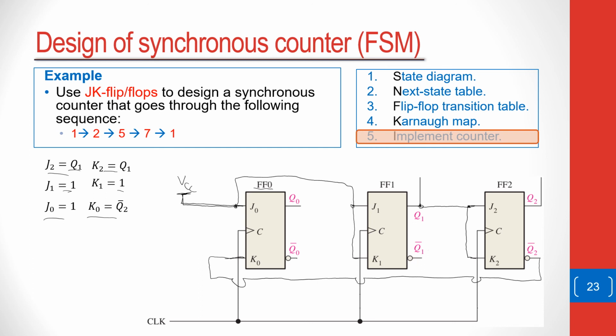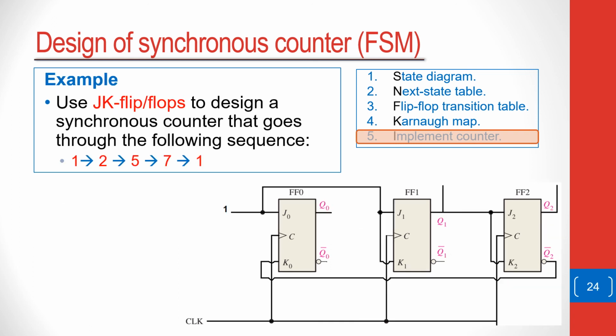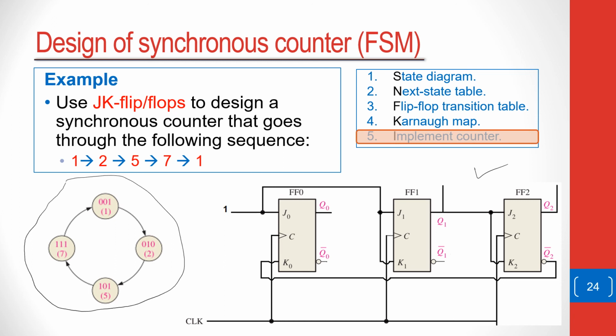In fact, amazingly, for this logic, we don't even need gates. And it can be implemented simply as that. And so if you sketch it nicely, then it should give you something of this sort. So we can see that this is an implementation of this particular synchronous counter. We can implement it using JK flip-flops in this very manner.